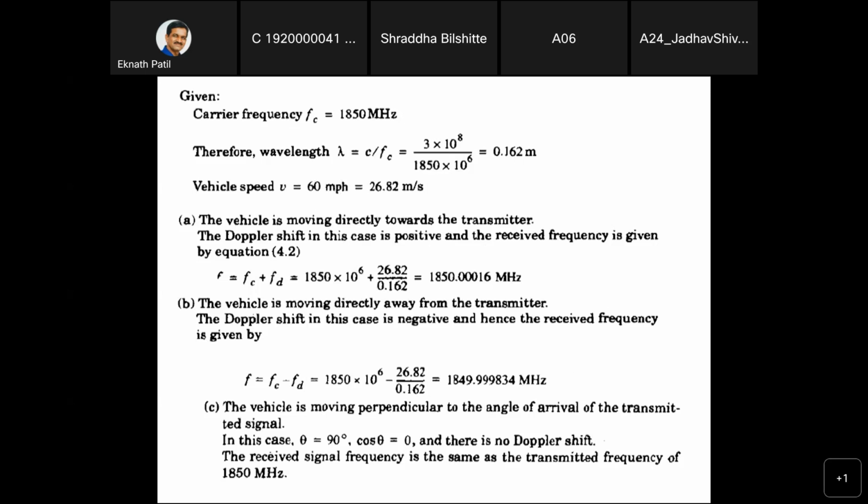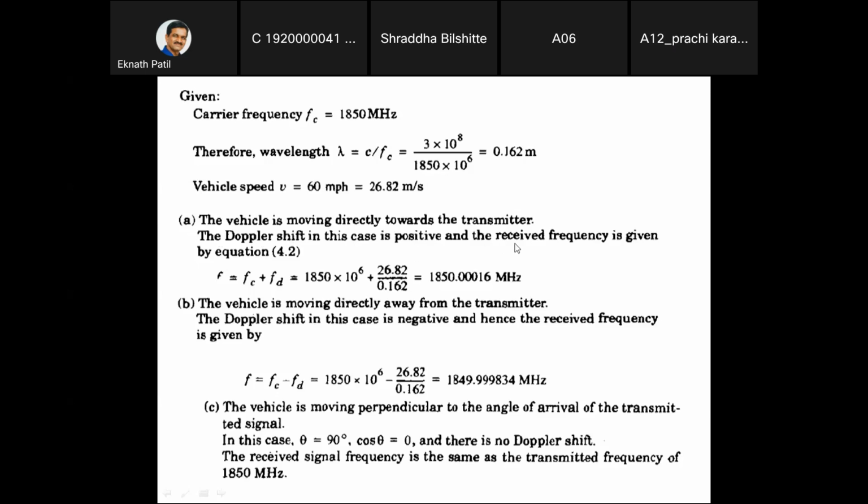The conversion factor for miles to kilometers is 1.6. 60 into 1.6 is the kilometers per hour. Then divide by 60 into 60 to get seconds, and it can be calculated as 26.82 meters per second. The vehicle is moving directly towards the transmitter.